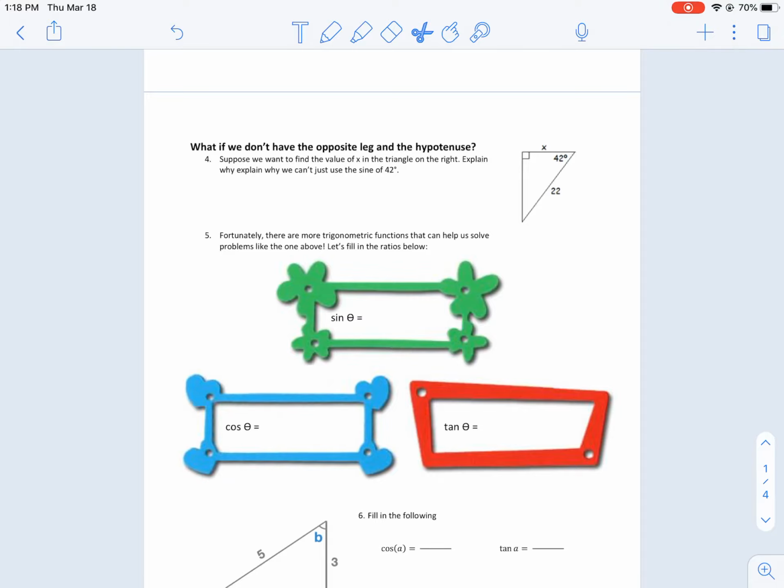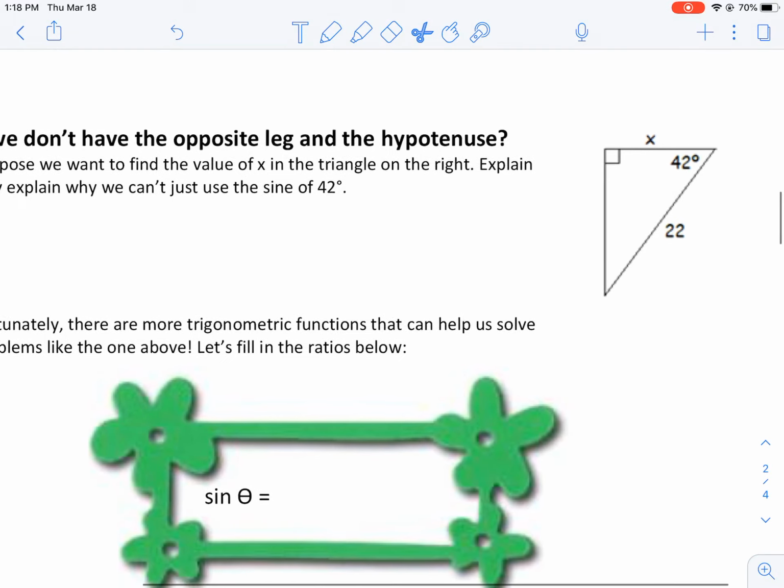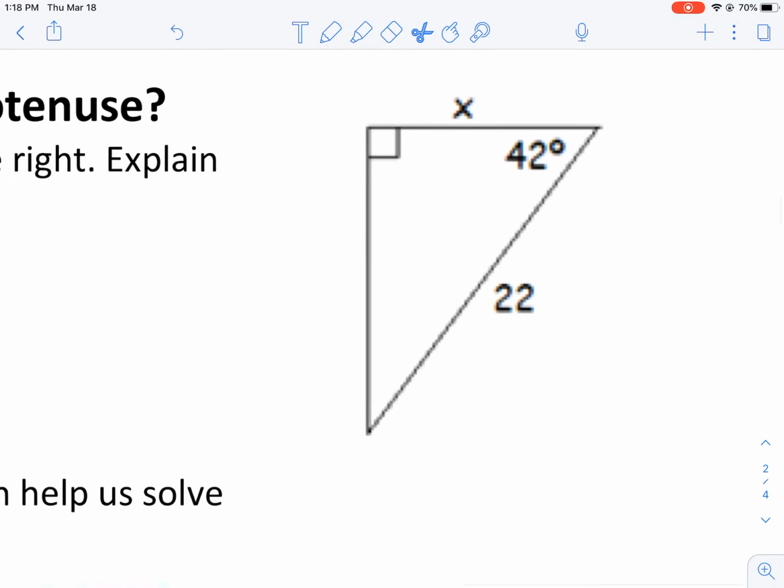So yesterday we learned about sine, all right? But sine doesn't answer every problem. For example, if we look at this problem right here, sine is opposite over hypotenuse. So if we look opposite of the 42-degree angle, you'll notice that this side is blank.